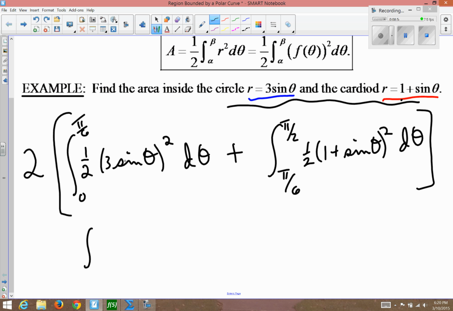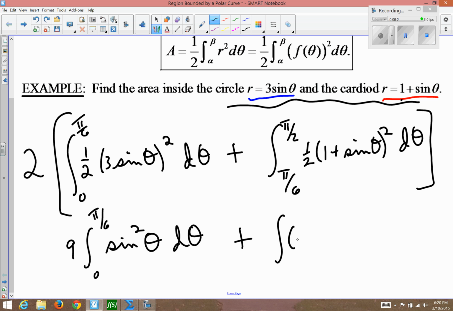The 3 gets squared and becomes a 9, which can go to the left of the integral sign. The sine theta has to be squared in this formula, so we'll integrate sine theta squared d theta from 0 to pi over 6. And plus the 2 out here has to multiply to this also. 2 times that integral. Well, there's a half there, so 2 times that is 1. Integral of 1 plus sine theta, quantity squared, d theta. And this second one is integrating from pi over 6 to pi over 2.